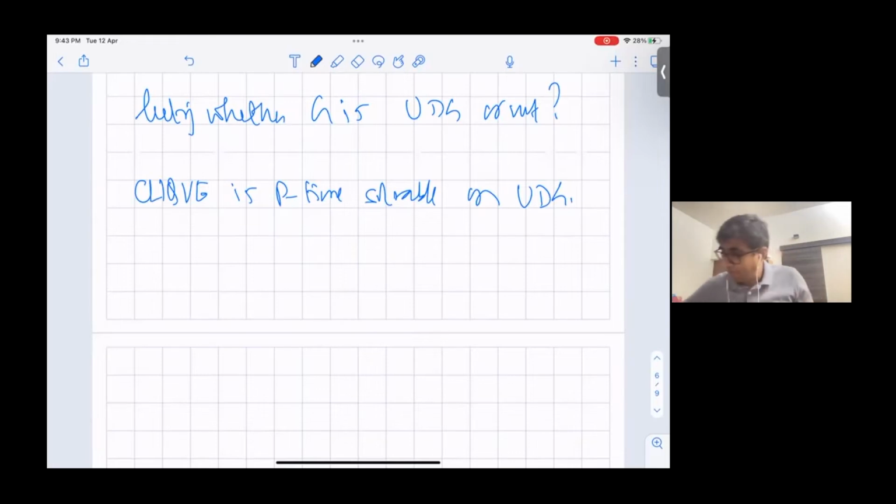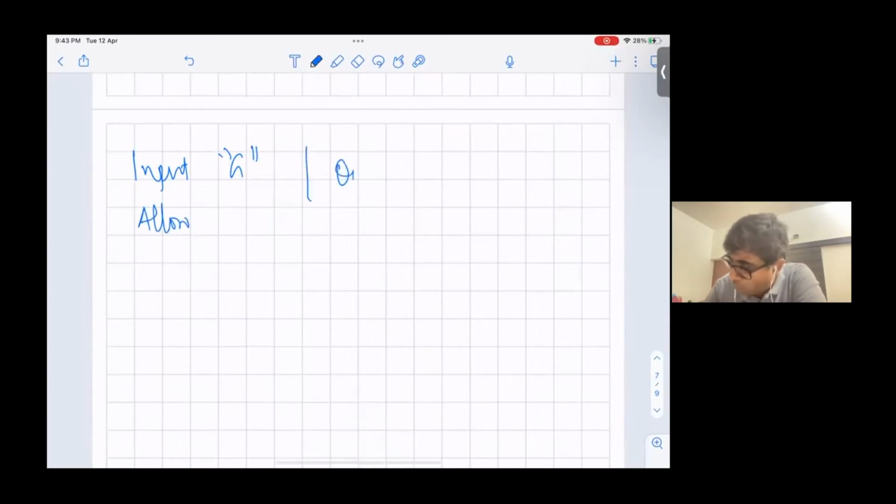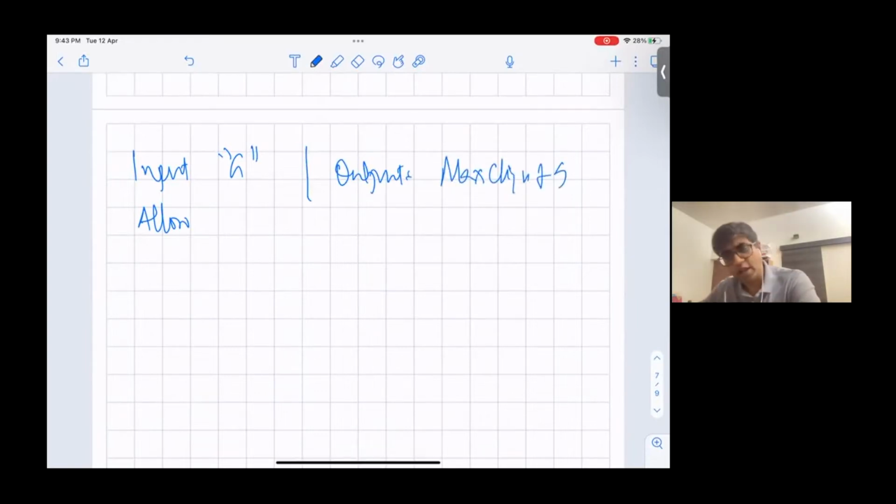So here's my input, graph G. And what does it output? It outputs a maximum clique of G. It's an algorithm that will always work.